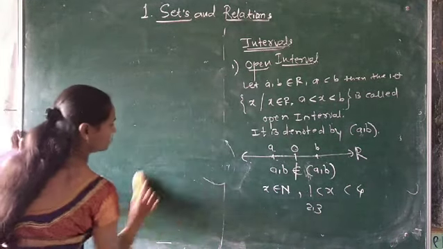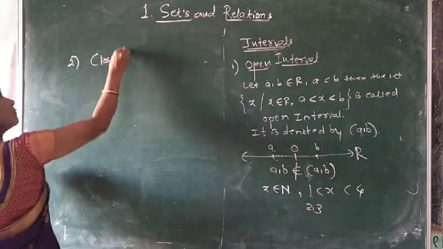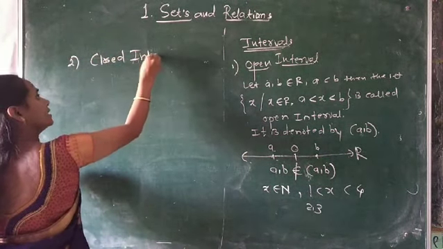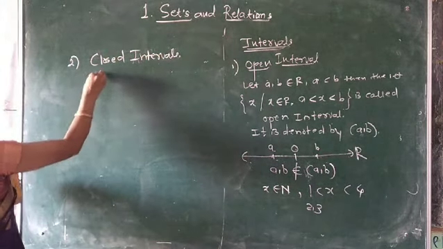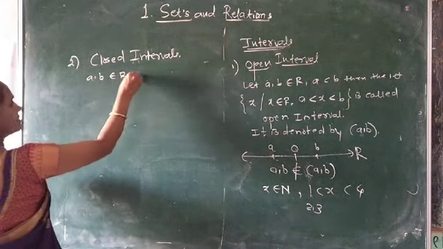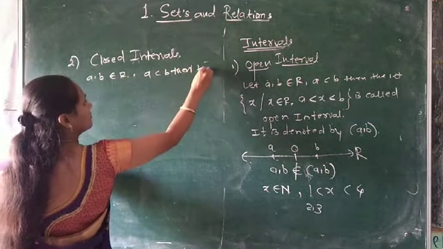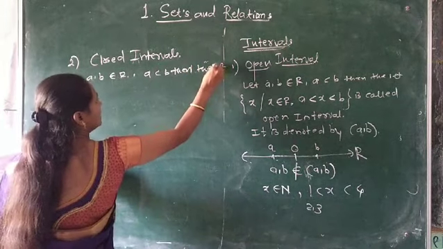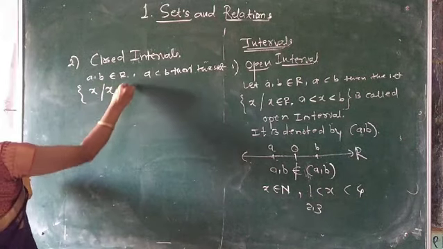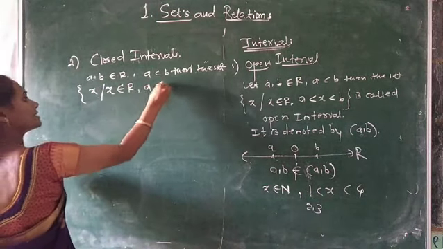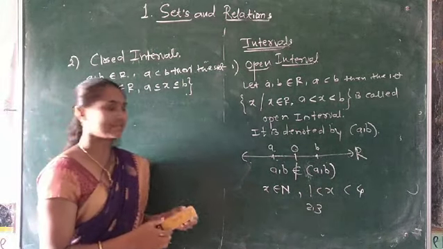Closed interval. Closed intervals. So again we write A, B belongs to R. Again we take the same elements and A less than B. Then the set of X such that X belongs to R, A less than or equal to X less than or equal to B. Now look at the change.